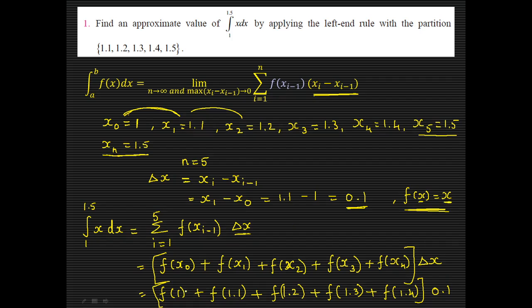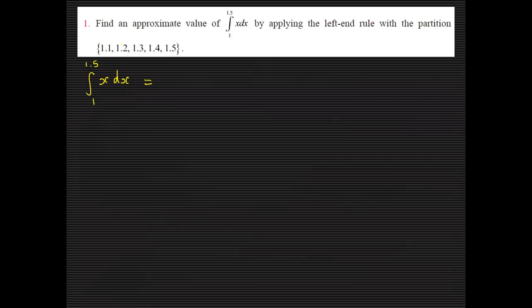So f of 1 will be 1, f of 1.1 will be 1.1, and in this way we can write: 1 plus 1.1 plus 1.2 plus 1.3 plus 1.4, into 0.1. If you add all these values, you will get 6, so 6 into 0.1, and when you multiply, the answer is 0.6.